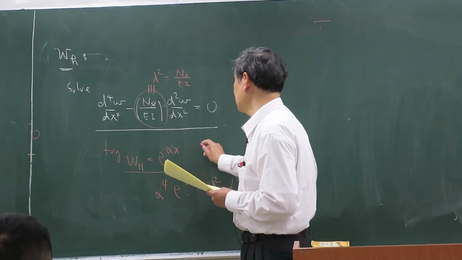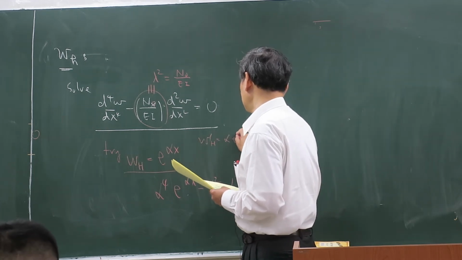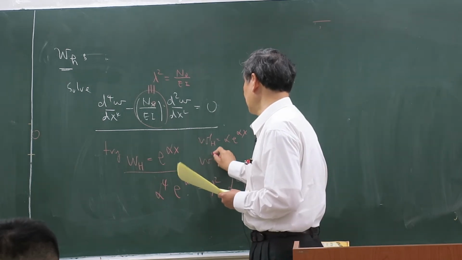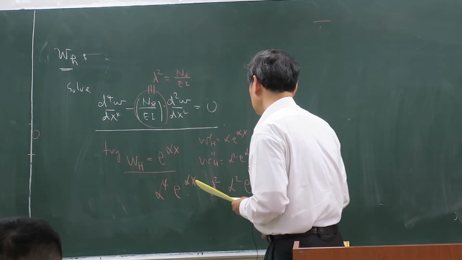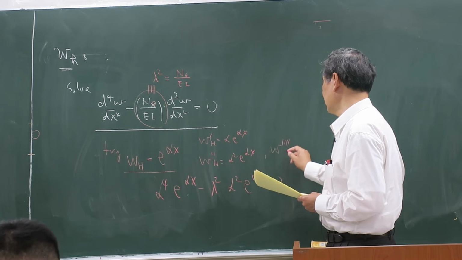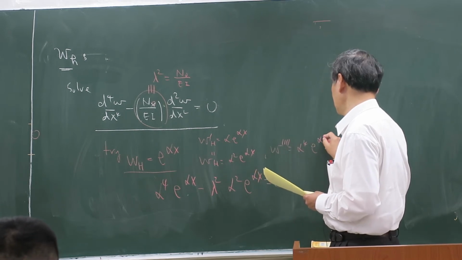So I have this, and W prime H will be alpha e^(alpha x), right? And W double prime H will be alpha square e^(alpha x). And the fourth derivative will be alpha fourth e^(alpha x).